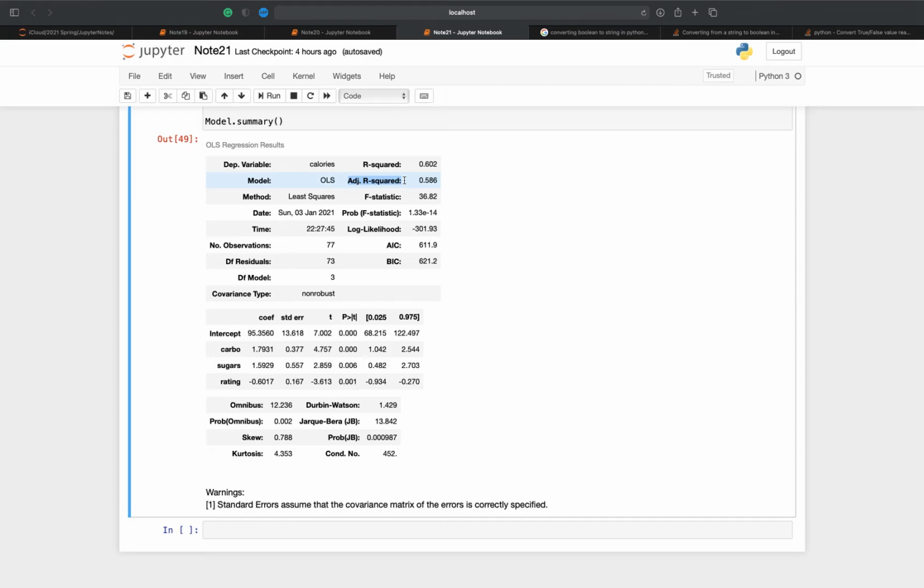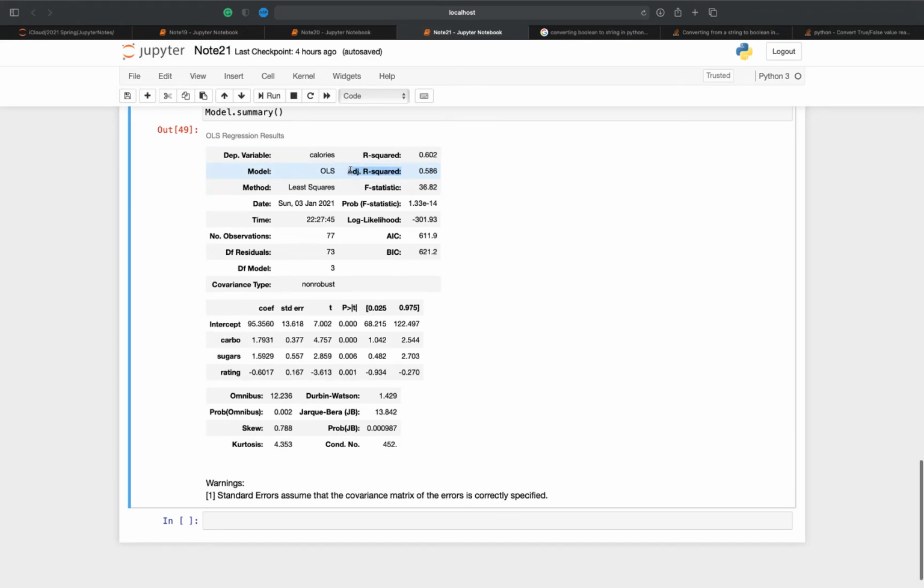It's based on different samples taken over and over from the model, and it calculates the R squared based on that. So this is the above value adjusted based on the number of observations and also the degree of freedom of residual. So you can study this further. Whenever we want to compare 2-3 different models, we look at the improvement of adjusted R squared. That will help us to explain which model is improving and which model is getting worse.